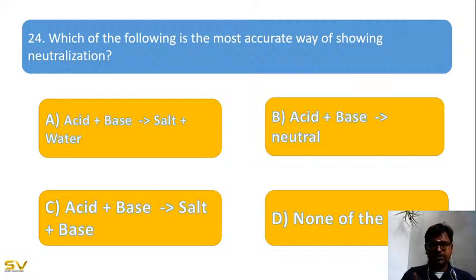Options: acid plus base gives rise to salt plus water; acid and base react to get neutral; acid and base give salt and base; none of the above. So which is the correct way?